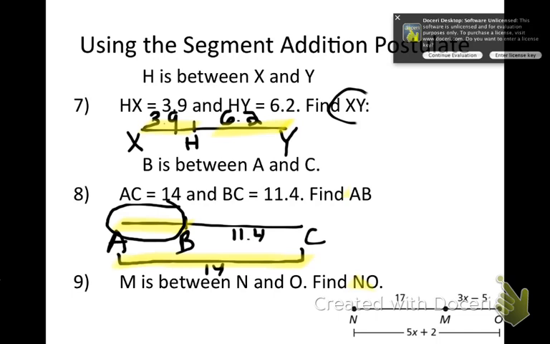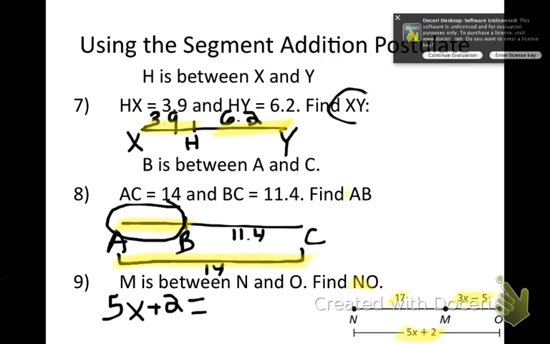What is this 5x plus 2? What does that represent? The whole. So, using our postulates from earlier, 5x plus 2 is going to equal what parts added together?